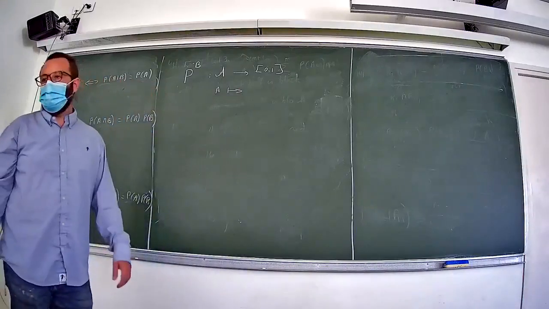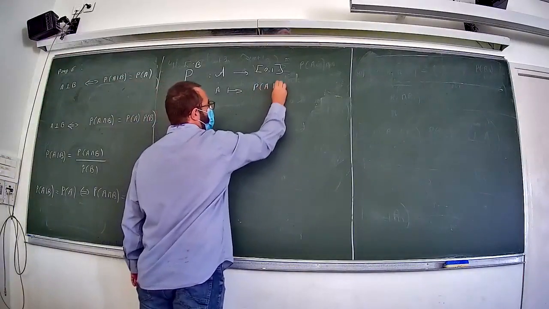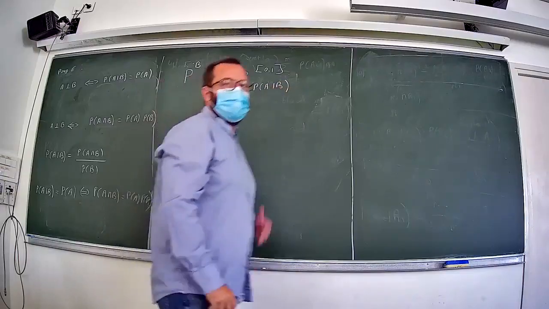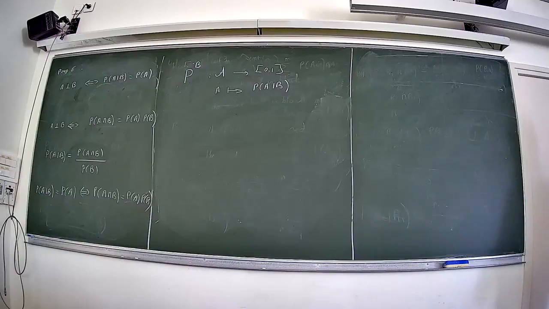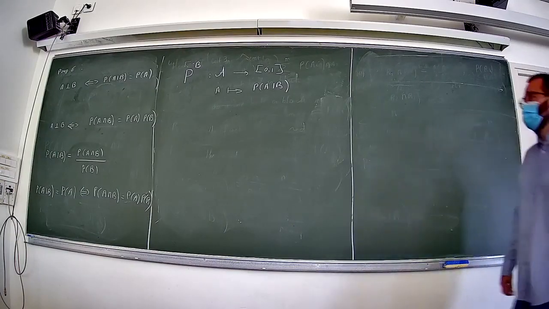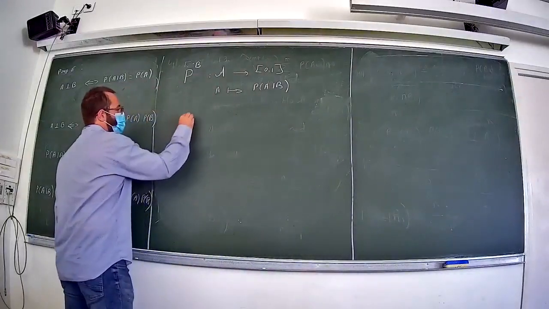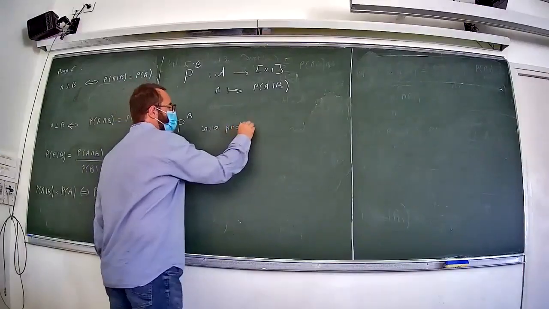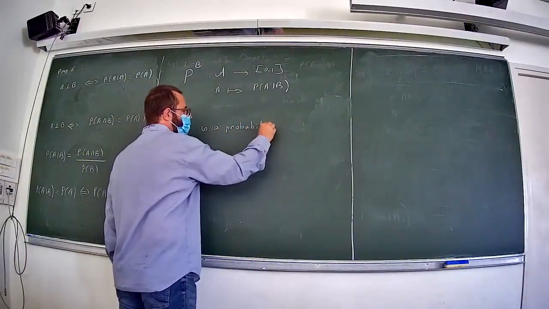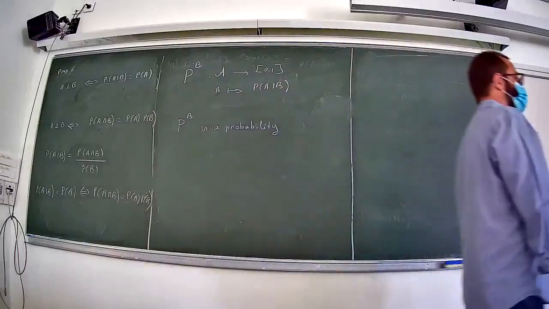To any set A, I associate P of A given B. I associate to each set the conditional probability of A given B. And I say that, this is the aim of my statement, P_B is a probability. P_B is a probability, okay?